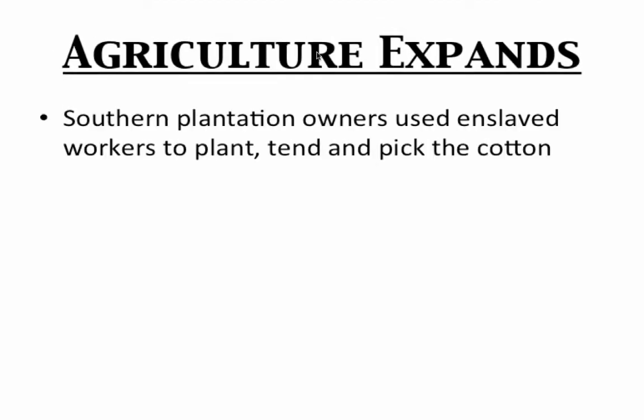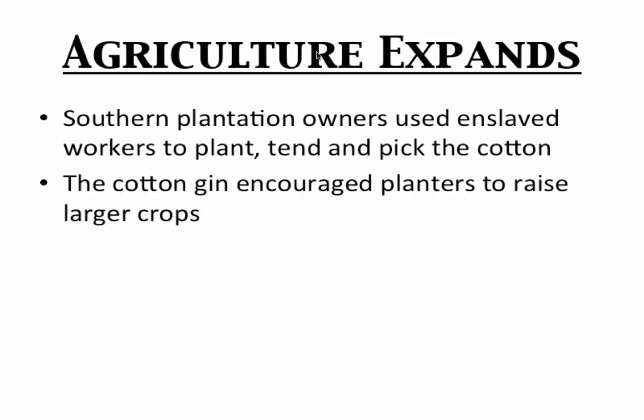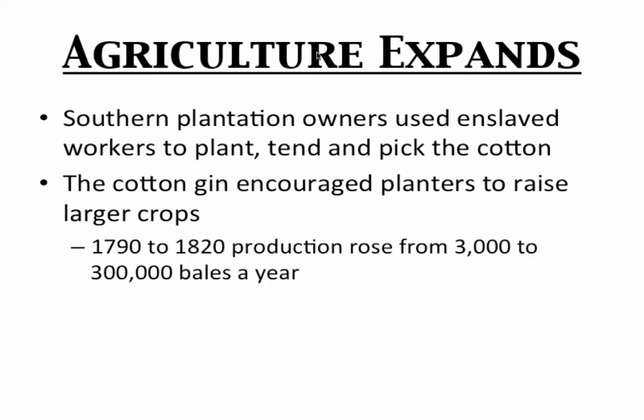Well, so far we have been focused on the Industrial Revolution in the North, but agriculture also expands, and it is due to the Industrial Revolution. Southern plantation owners, we know, used slaves, and once the cotton gin, which I talked about a bit when we were on the cotton gin slide, it encouraged planters to raise larger crops.